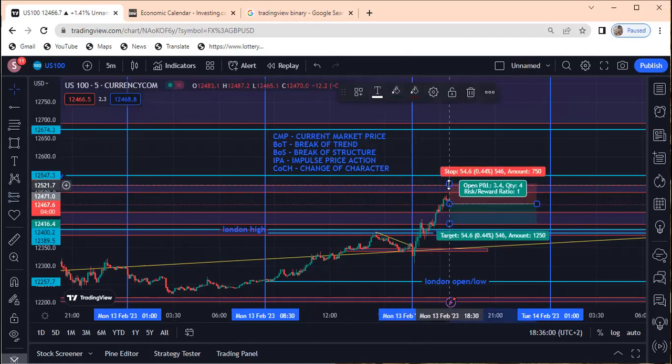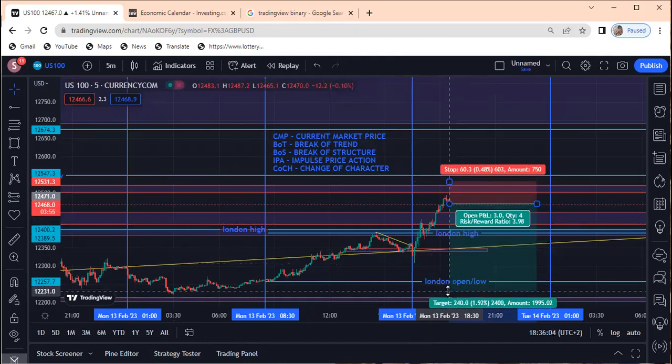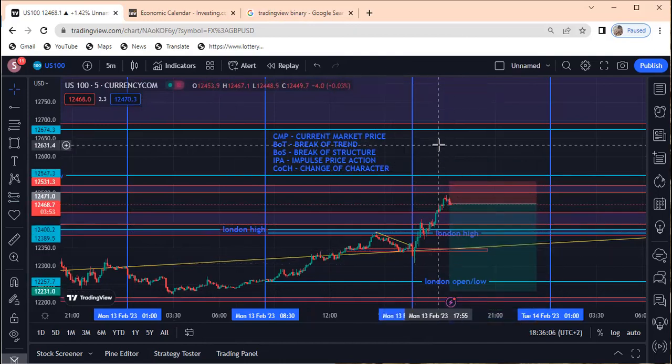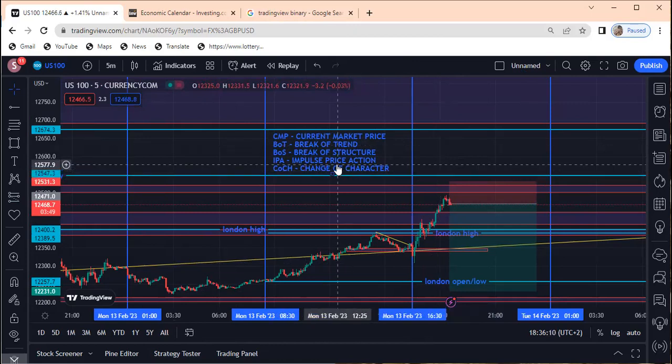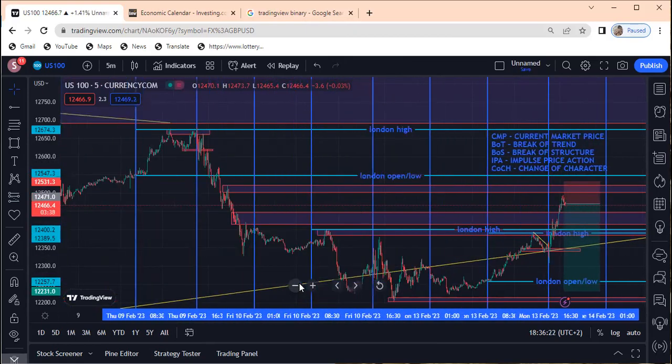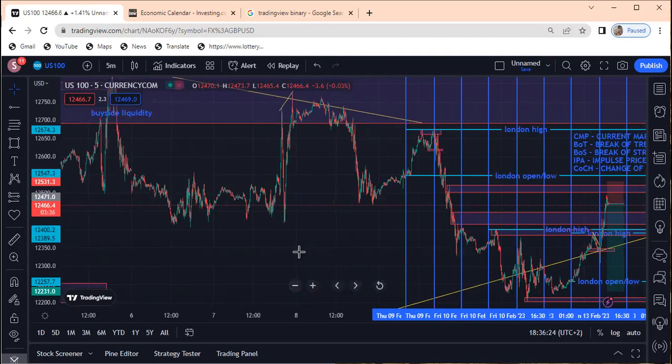So as you can see, this is starting to sell here. We'll just keep an eye out for it currently as well. So that will be the change of character, or that will be the impulsive price action. Let me give you an example of an impulsive price action.